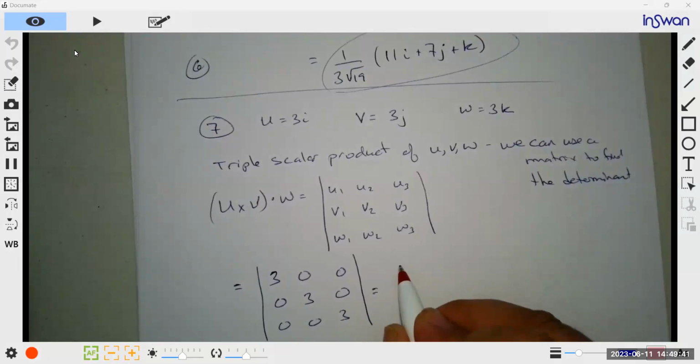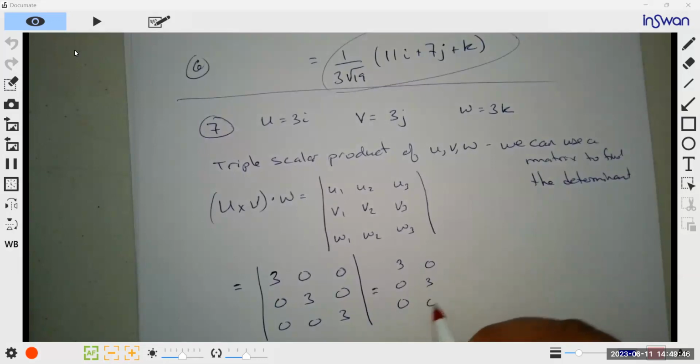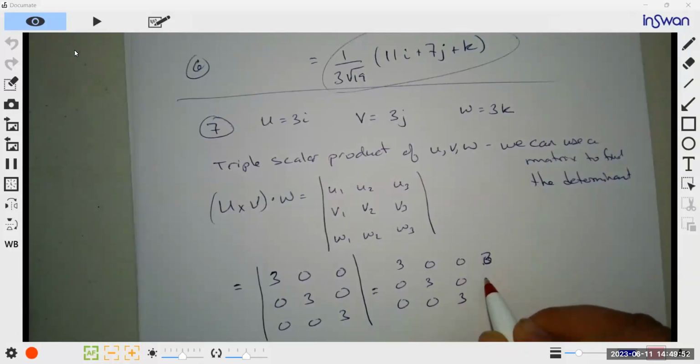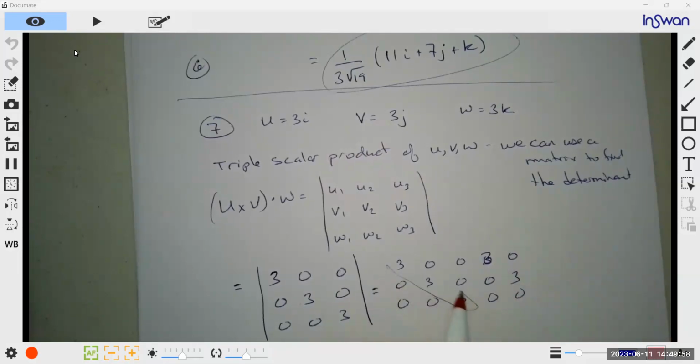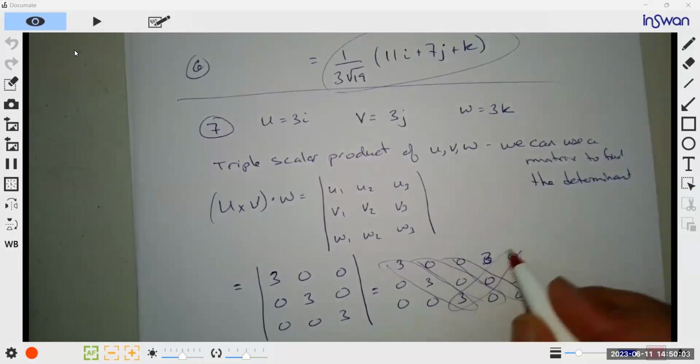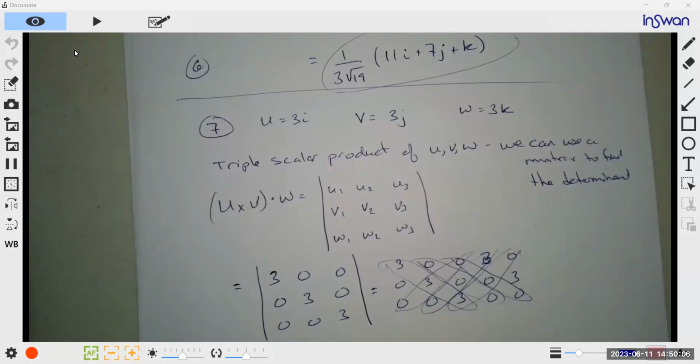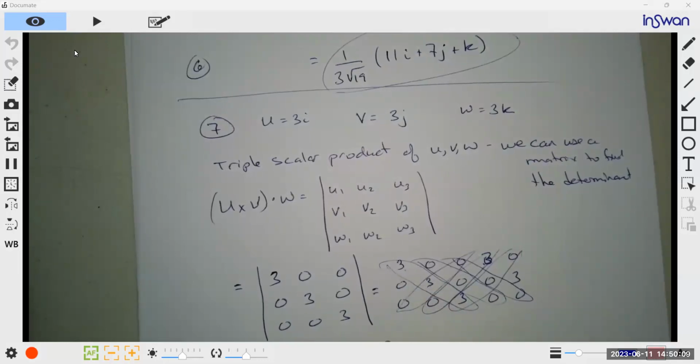I'll repeat the first two columns. Three times three times three is 27, plus 0, plus 0, minus 0, minus 0, minus 0.